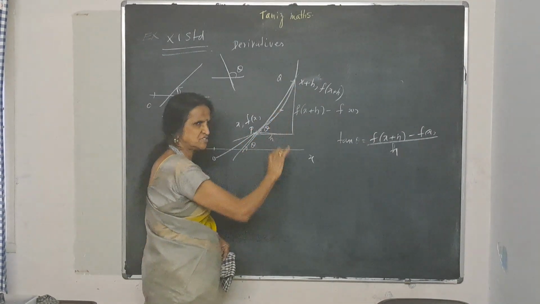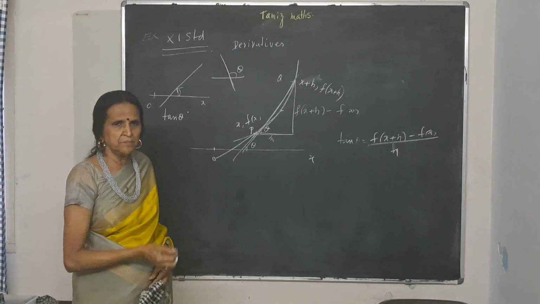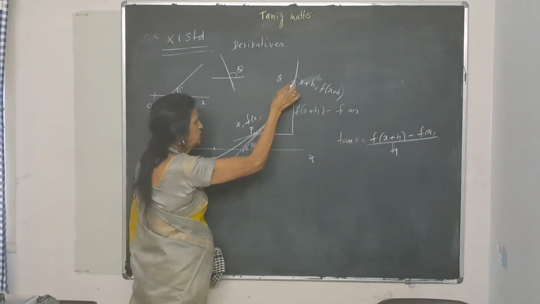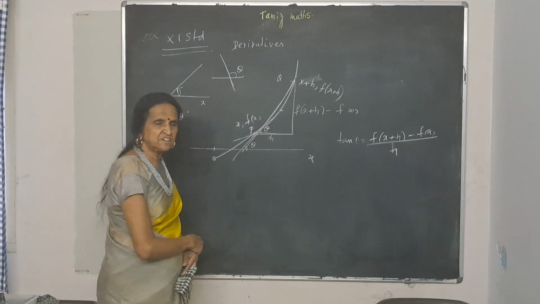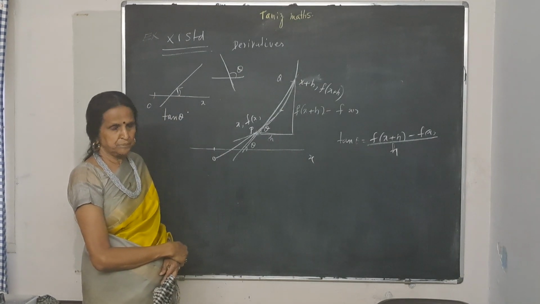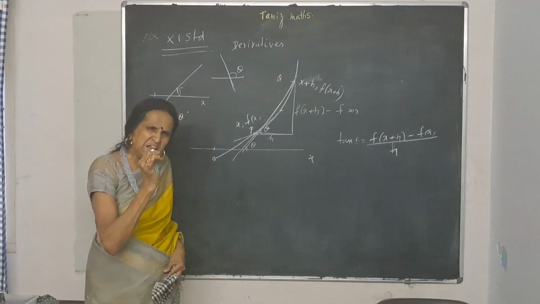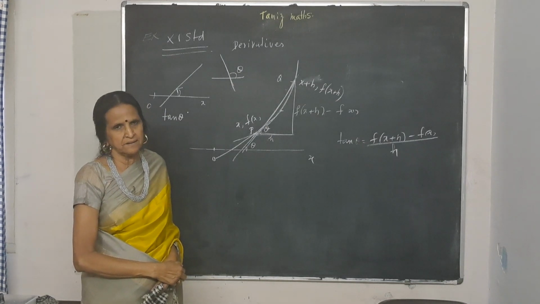Of course, this length is also decreasing, and both are tending to 0. So when Q is moving towards P, this h is trying to become very small. This h tends to 0.